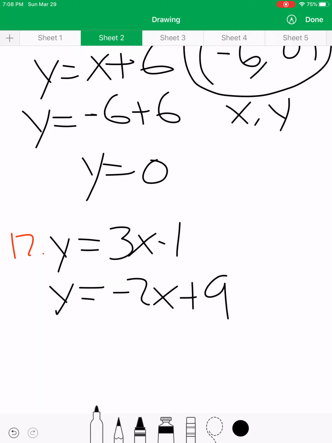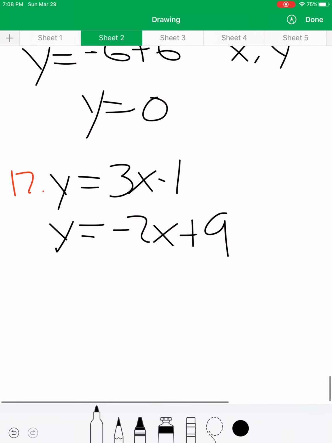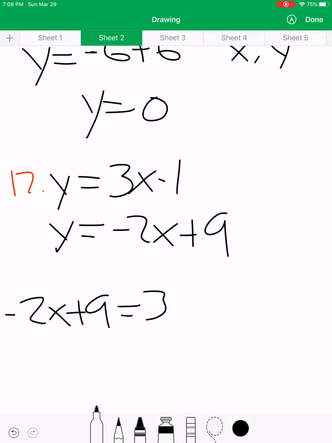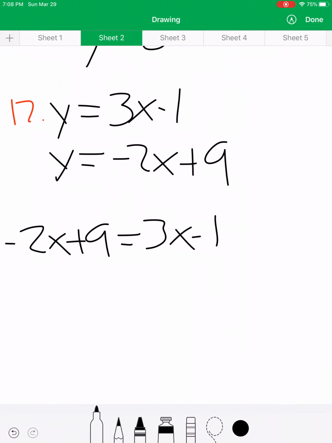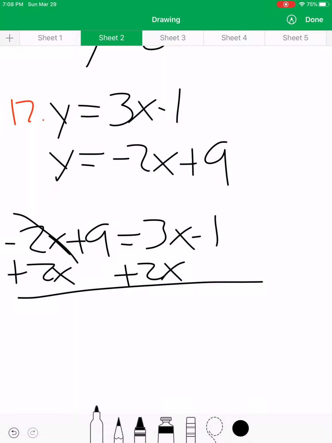Start them the same way. Substitute either equation in for y. So I'll rewrite mine as negative 2x plus 9 equals 3x minus 1. I want my variable to remain positive, so do plus 2x, plus 2x. Those go away. What remains is 9 equals 5x minus 1.